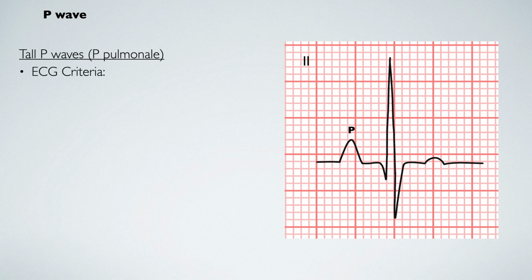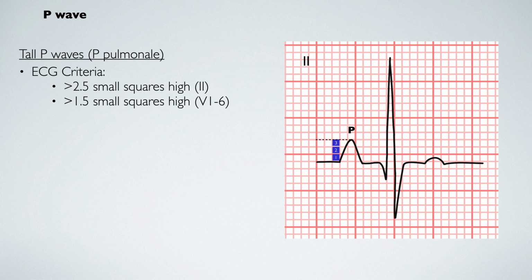To fit the ECG criteria, the P waves must be greater than 2.5 small squares in lead 2. In our example here, you can see that the P wave is equivalent to 3 small squares in height. If you decide to review the P waves in V1 to 6, they must be taller than 1.5 small squares.